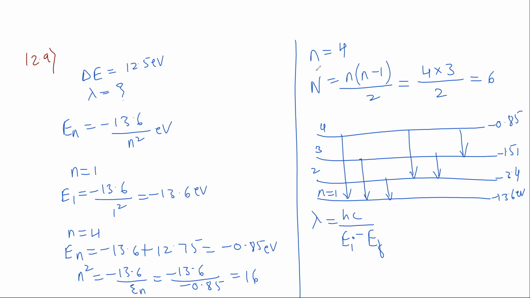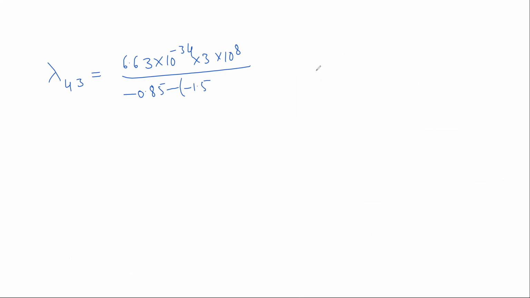The wavelength from fourth to third is given by the formula 6.63 into 10 to the power of minus 34 into 3 into 10 to the power of 8 divided by minus 0.85 minus of minus 1.51 into 1.6 into 10 to the power of minus 19. So simplifying this, we got 28409 angstrom.